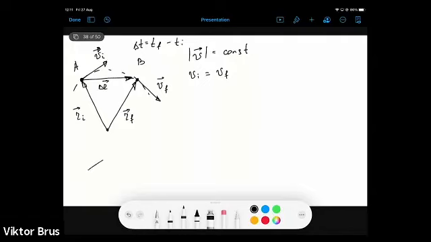So this will be our vector v i, and this will be our vector v f. They are equal by magnitude, but have a different orientation.